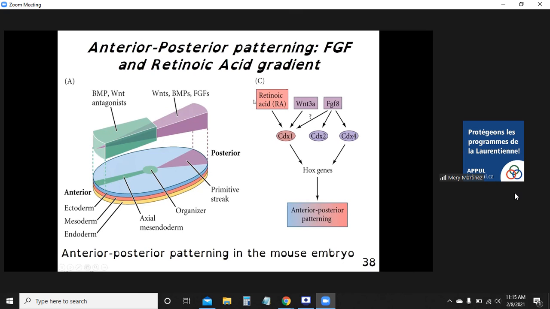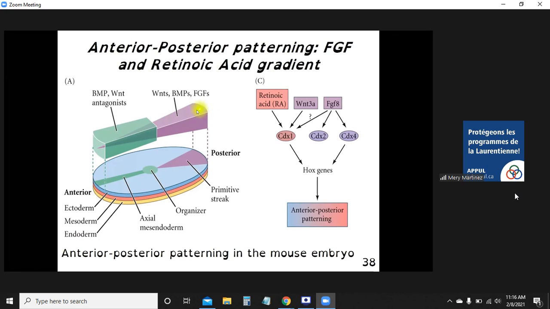Retinoic acid normally is placed at the posterior end. So here, what we have is that graded gradient of WNT, BMP, and FGF, highest at the posterior than at the anterior part of the embryo.